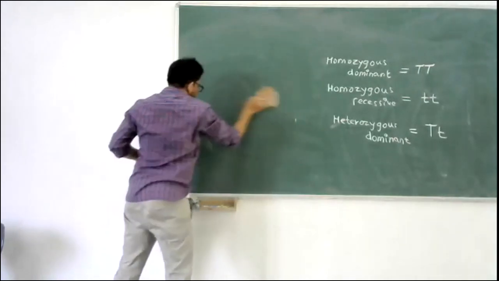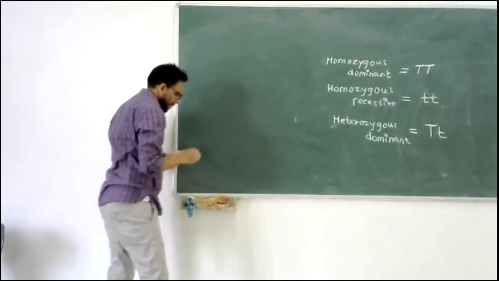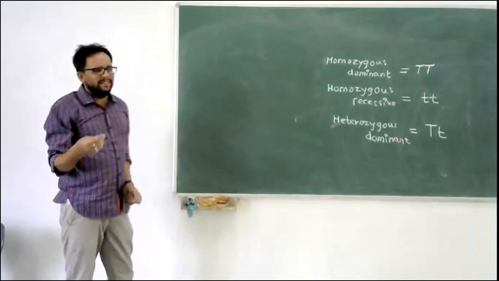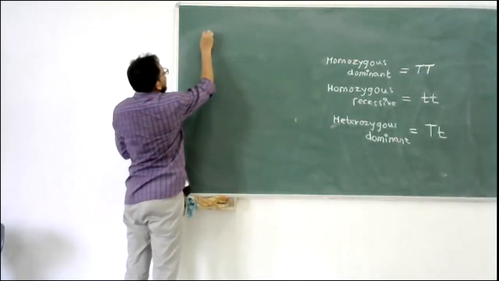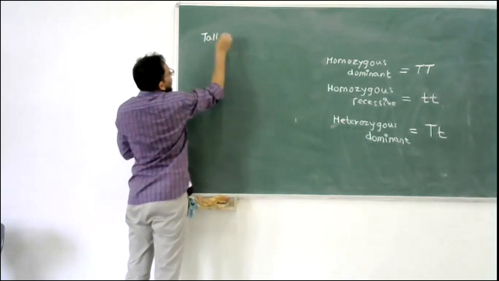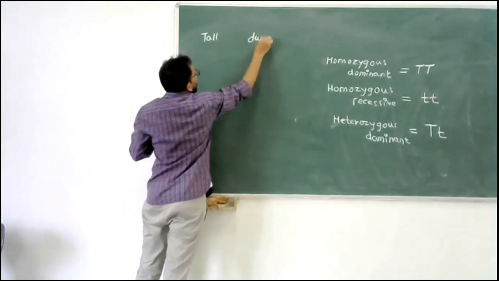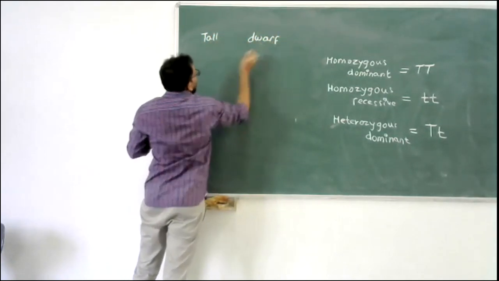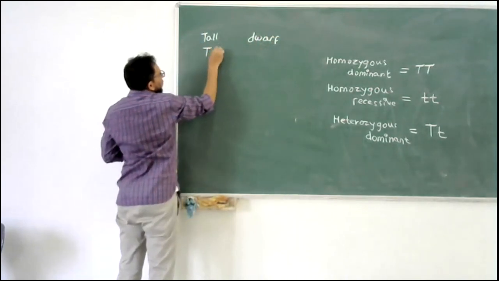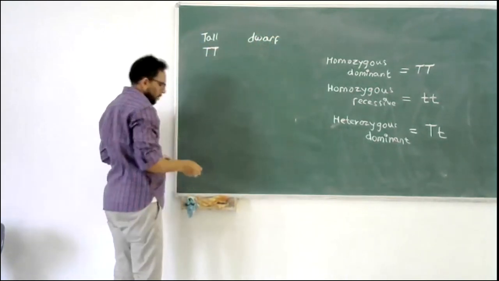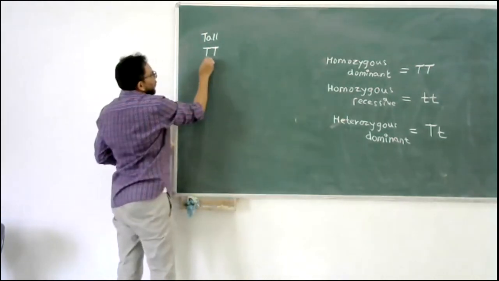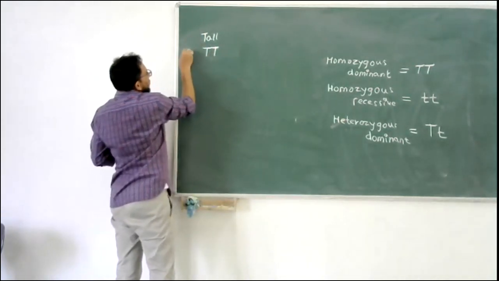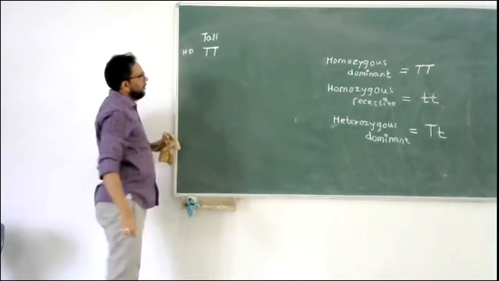So let's say we will take the same, you can take any characteristics, so it doesn't really matter. Let's say the tall one. Tall is homozygous dominant, right?